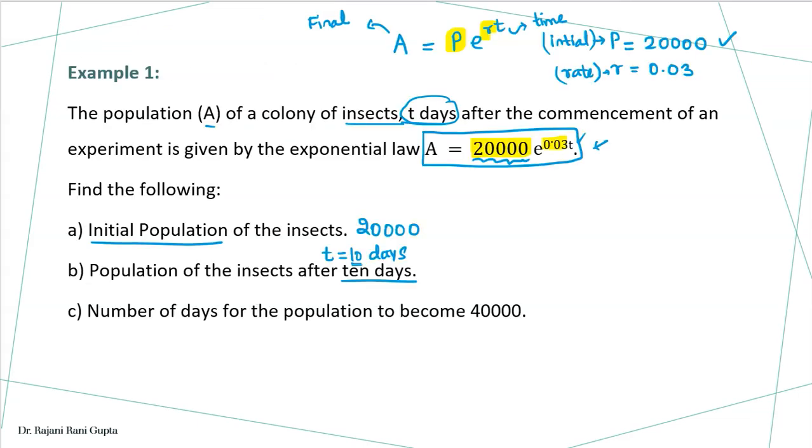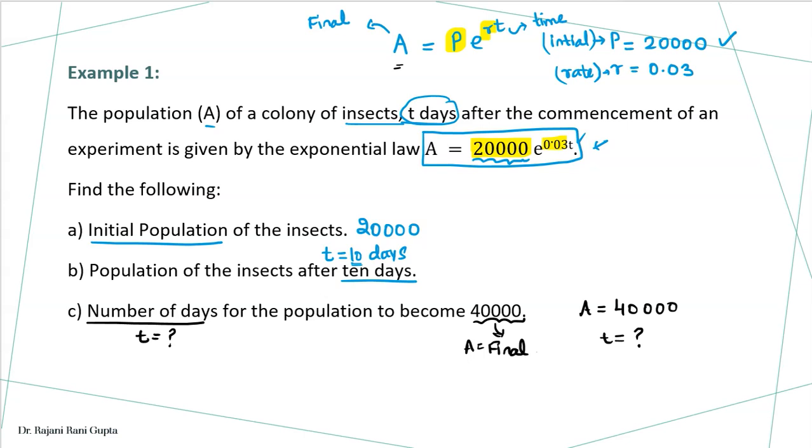Let's go to the next question. They say the number of days for the population to become 40,000. It means you need to find how long it will take for the population to become 40,000. This is your final population, which means A. So in this example, A is given to be 40,000 and you have to find t.